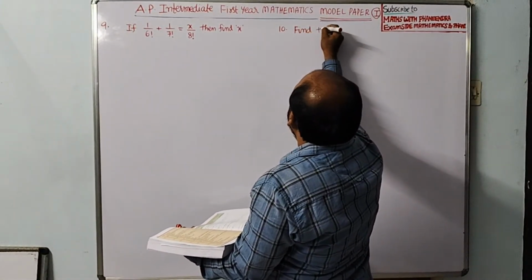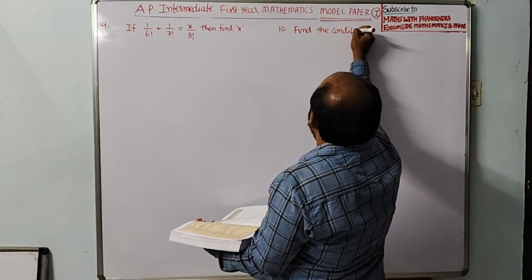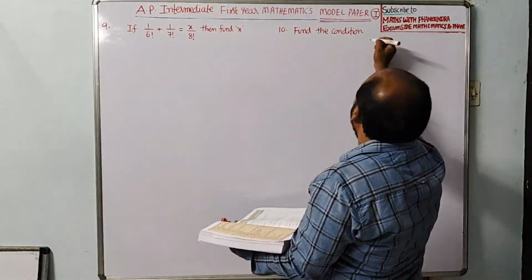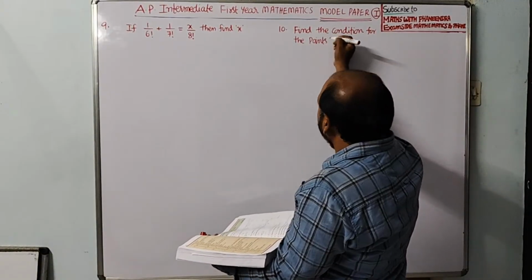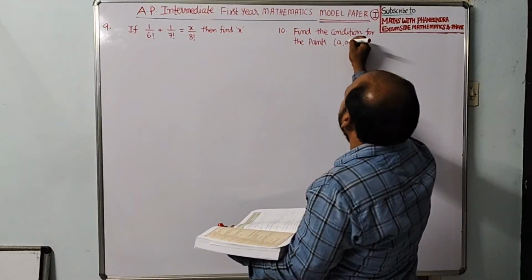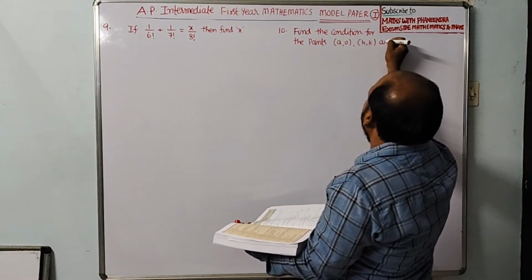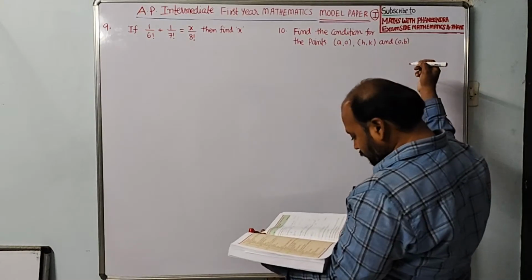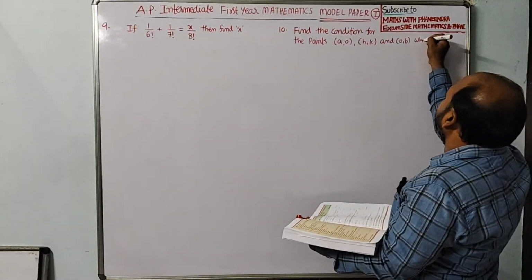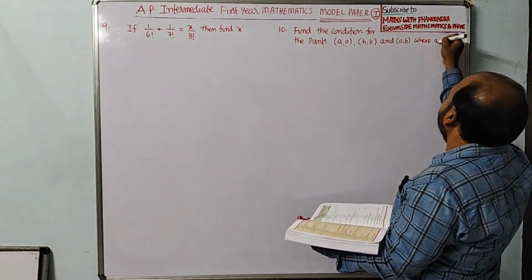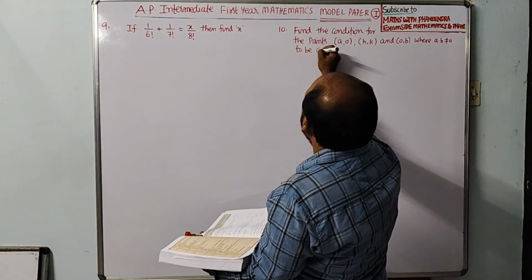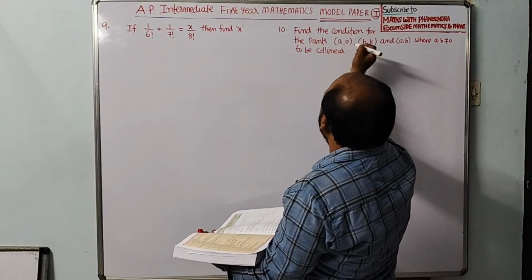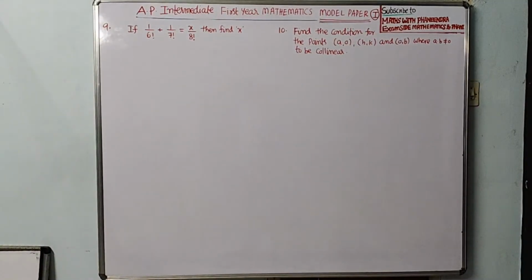Find the condition for the points (a, 0), (h, k) and (0, b), where a into b is not equal to 0, to be collinear. So they are asking to find the condition for the points to be collinear. One by one we will discuss.